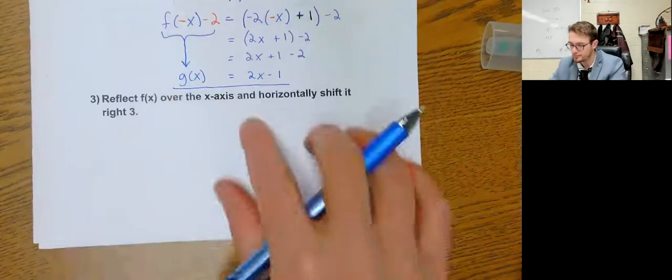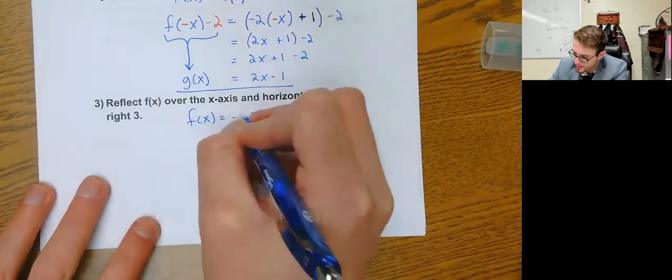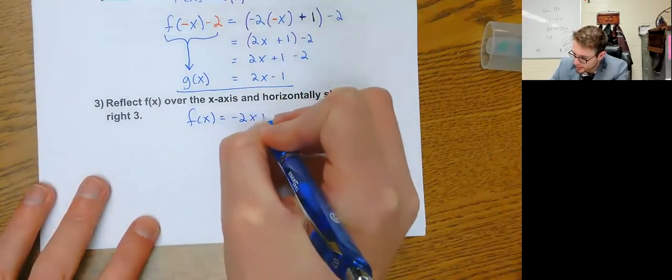Okay, let's move on. f of x equals negative 2x plus 1.